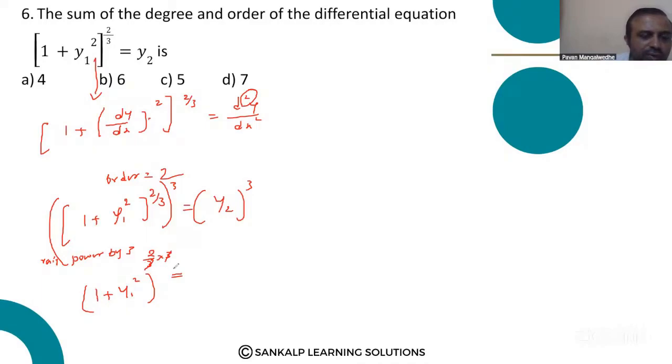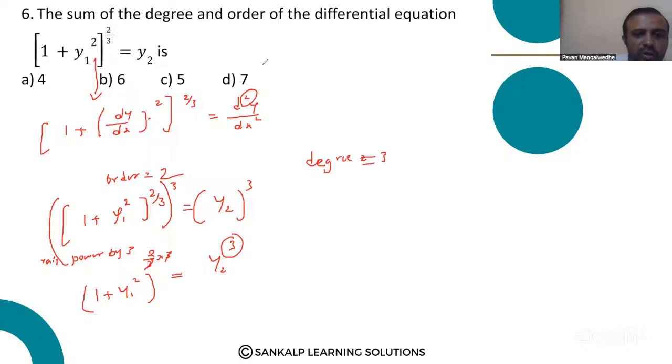Here it is left with 2, and this side it is y2 cubed. So y2 has the highest power of 3. So the degree is equal to 3.